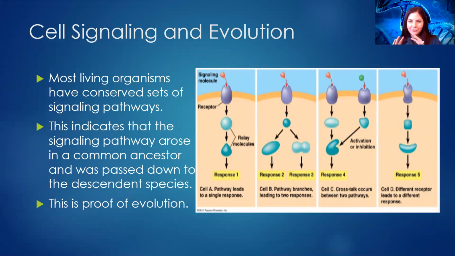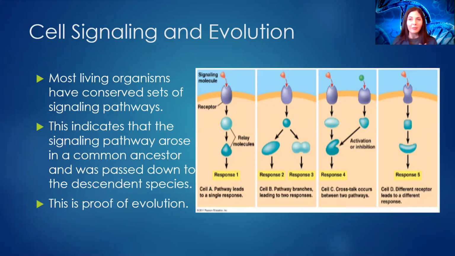So kind of shifting gears a little bit, I just want to briefly retouch on cell signaling and evolution. So most living organisms have conserved sets of signaling pathways, and this indicates that the signaling pathway arose in a common ancestor, and it was passed down to the descendant species. And this is evidence for evolution.